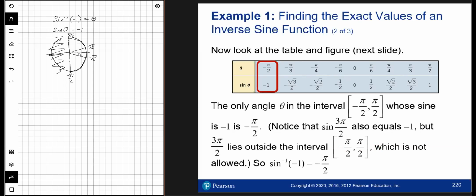So that's why we're talking about the negative, because 3 pi over 2 would be going like this, but it has to be here. It has to be this direction. So it's the negative pi over 2. So the sine inverse of -1 is negative pi over 2.